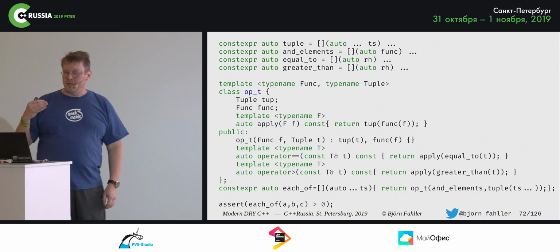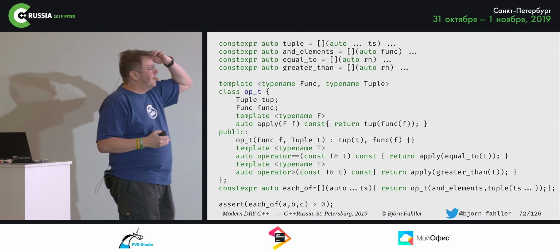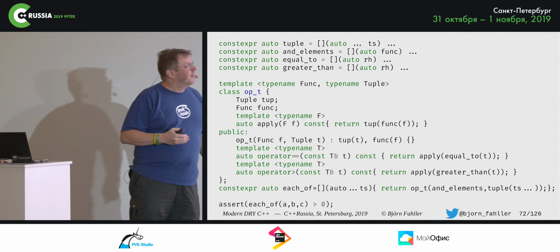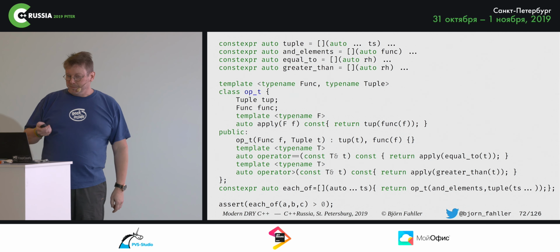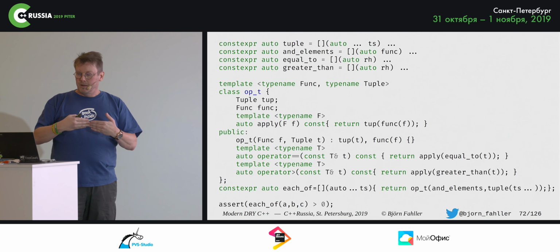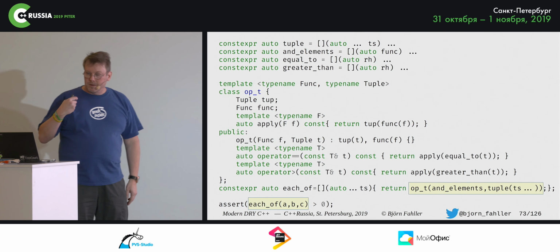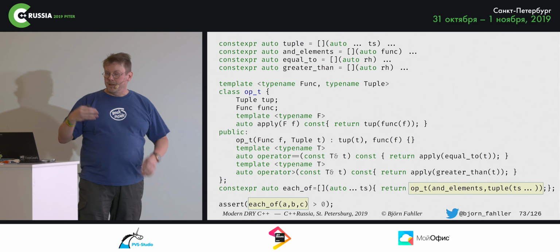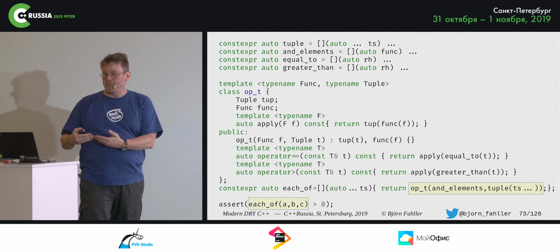So now I can use these. We have the tuple, the and elements, equal to and greater than, and I have my gloriously named opt, which has a tuple and a function. And then I have this each of lambda that just returns an opt of and elements and tuple.